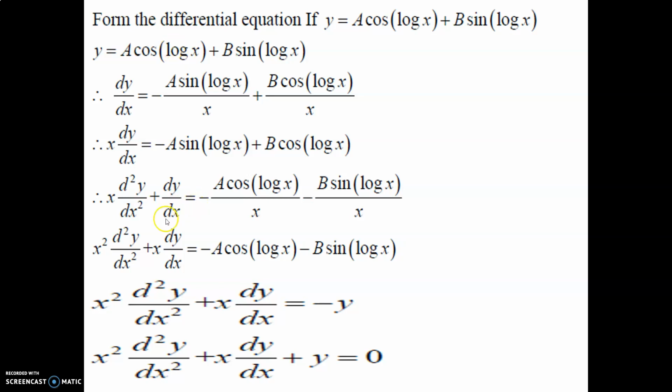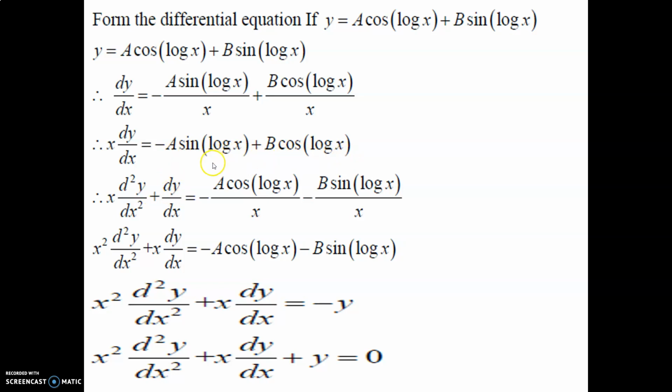So dy by dx is equal to minus a sin log x upon x plus, what is the derivative of sin log x now? Yes, it is cos log x into derivative of log x, 1 upon x. Now 1 upon x we have to shift to this side. So x dy by dx equal to minus a sin log x plus b cos log x.